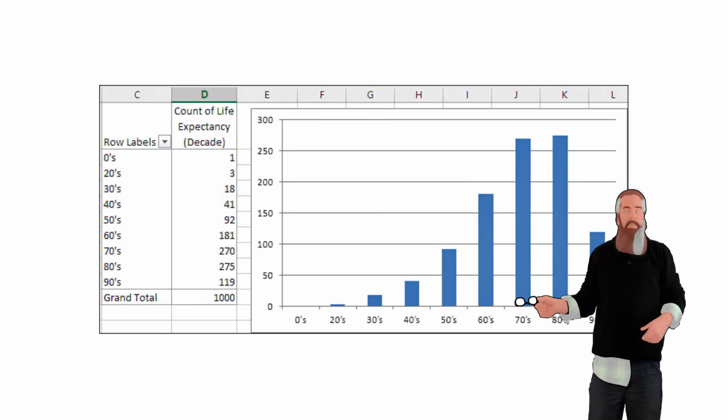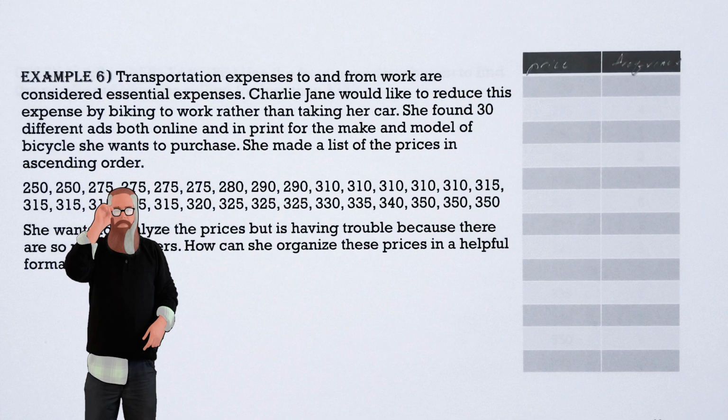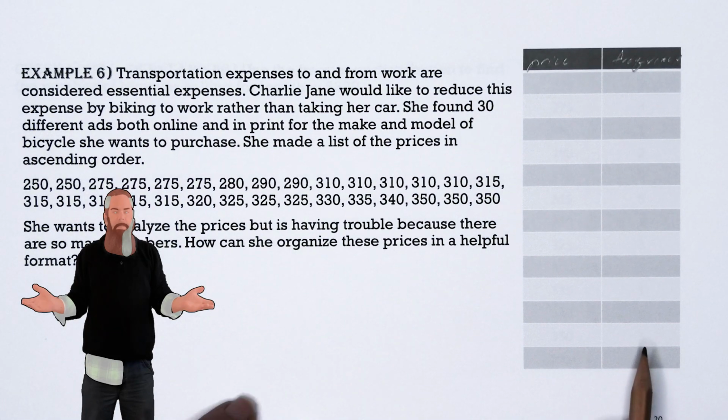A frequency distribution is a table that displays each value and its frequency, the number of times the value appears. This table to the right lists the price in the column and the number of times the price appears.